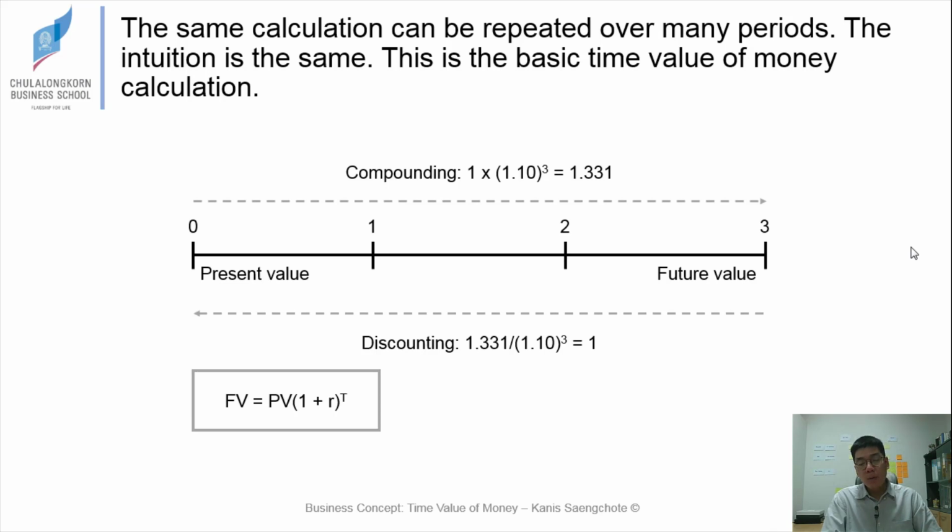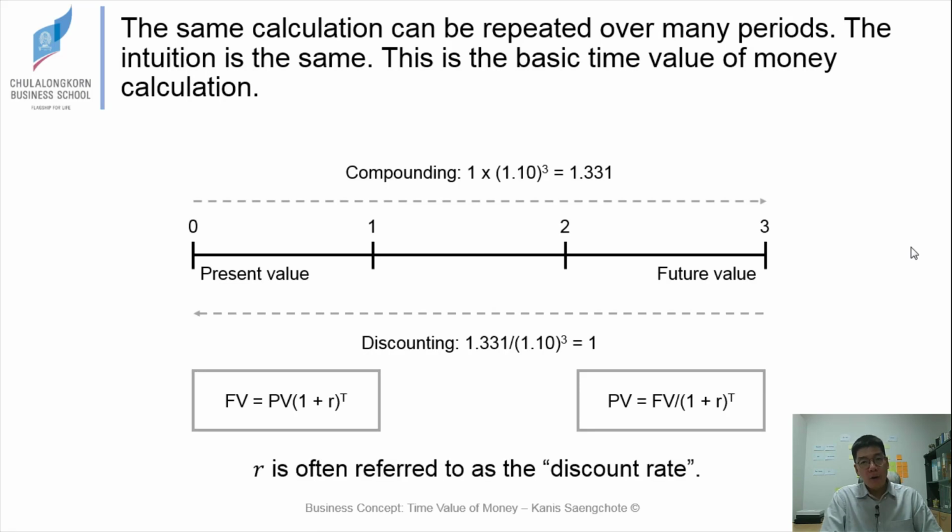The present value calculation discounts, so 1.331 is discounted to 1, and you can do that by dividing by 1.1 three times, or you could divide by 1.1 raised to the power of 3 instead. This gives rise to this general formula: present value equals the future value divided by 1 plus the rate raised to the power of how many periods you want to discount it by. That's the basic time value of money calculation, which allows you to move cash to different points in time as you will.